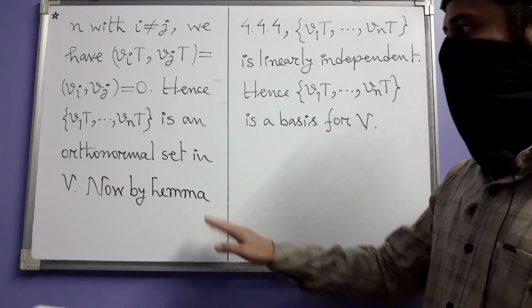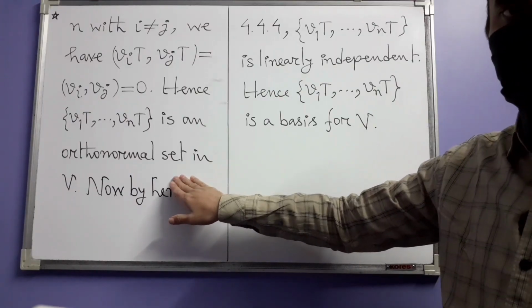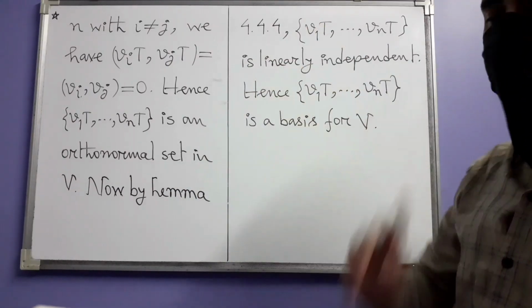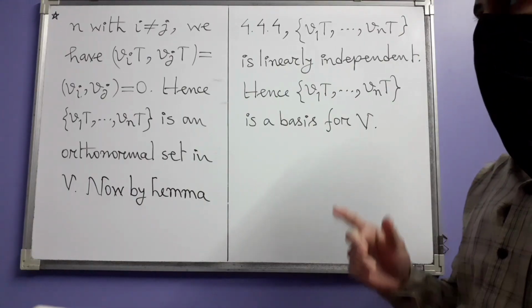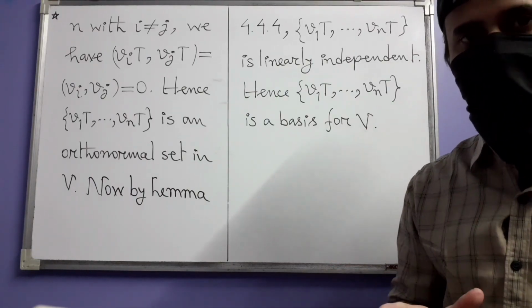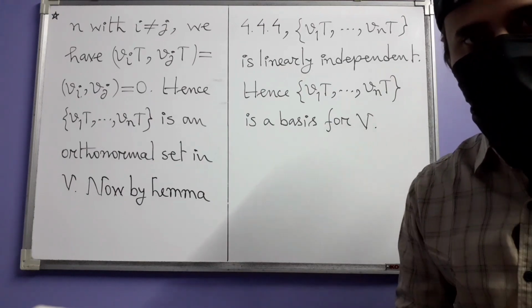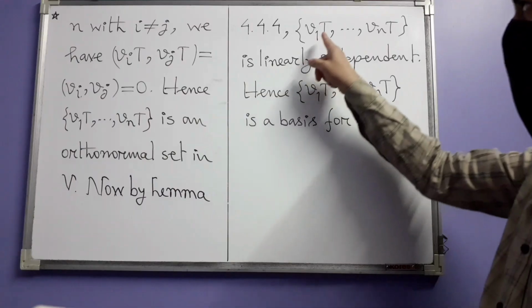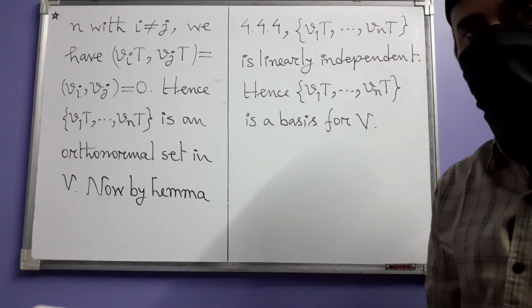And next we recall something from the theory of inner product spaces, that is lemma 4.4.4, which states that in an inner product space, any orthonormal set is linearly independent. By that result, this orthonormal set is also linearly independent.